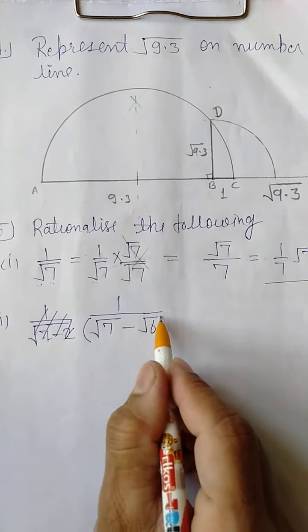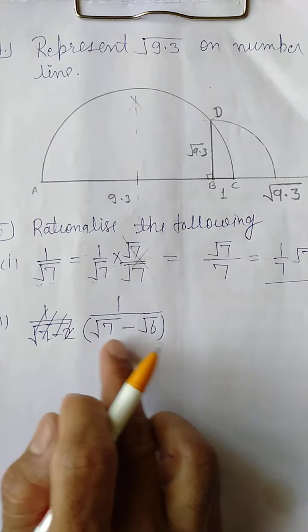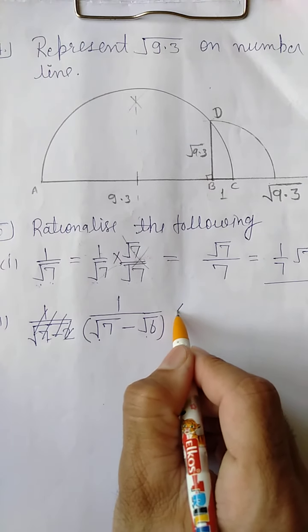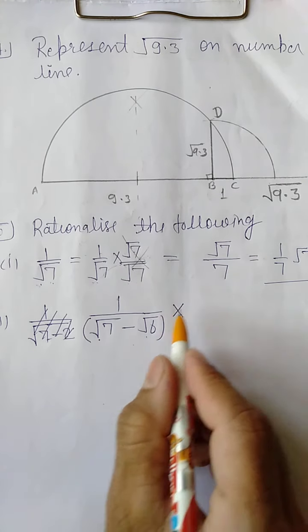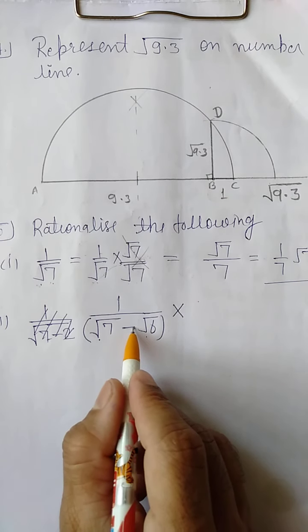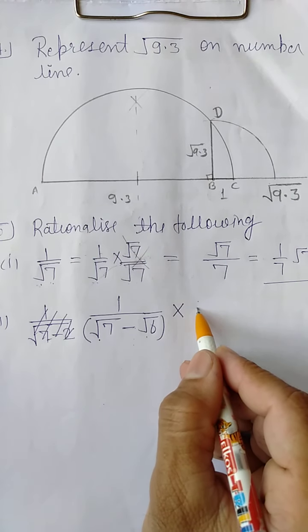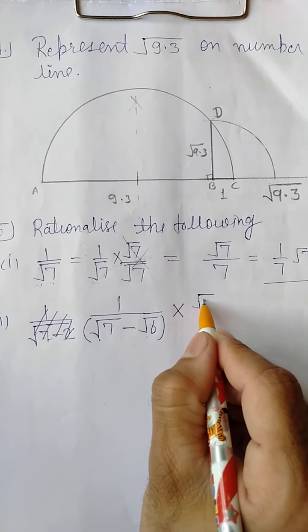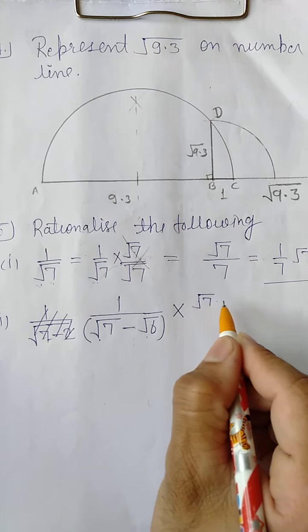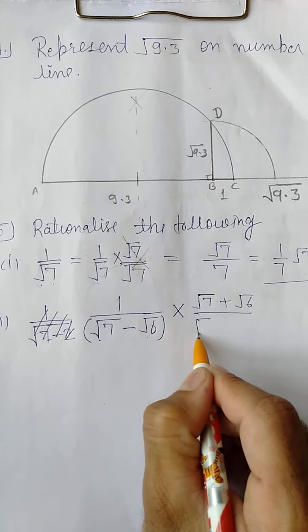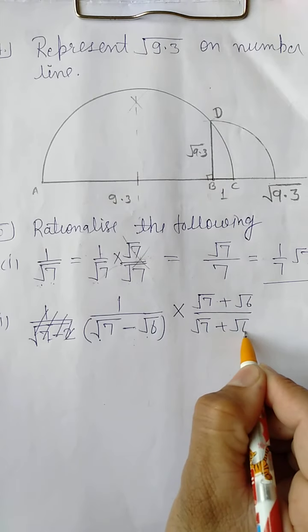Now see, in the denominator 2 terms are there, right? So what to do in this one? We will multiply with the same terms but with the negative sign. Here the sign is minus, so the just opposite sign will be plus. So we will multiply in numerator and denominator root 7 plus root 6 upon root 7 plus root 6.